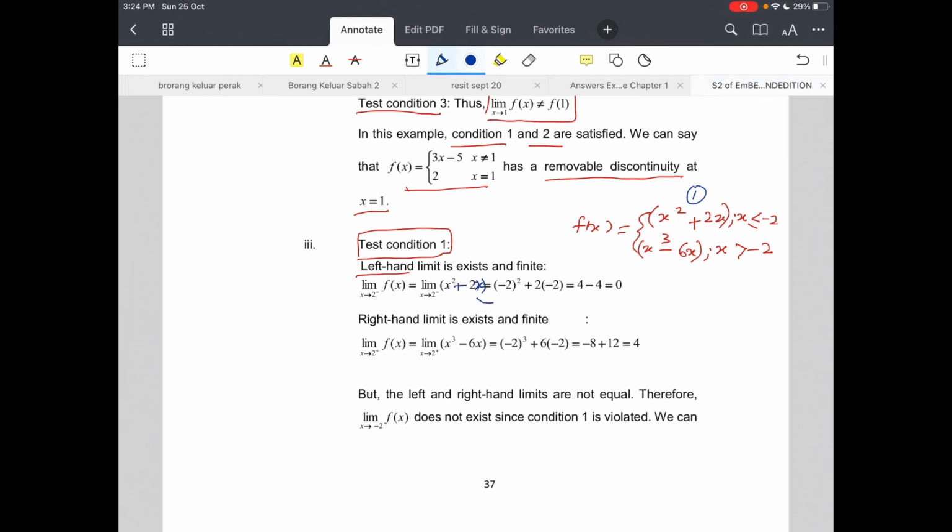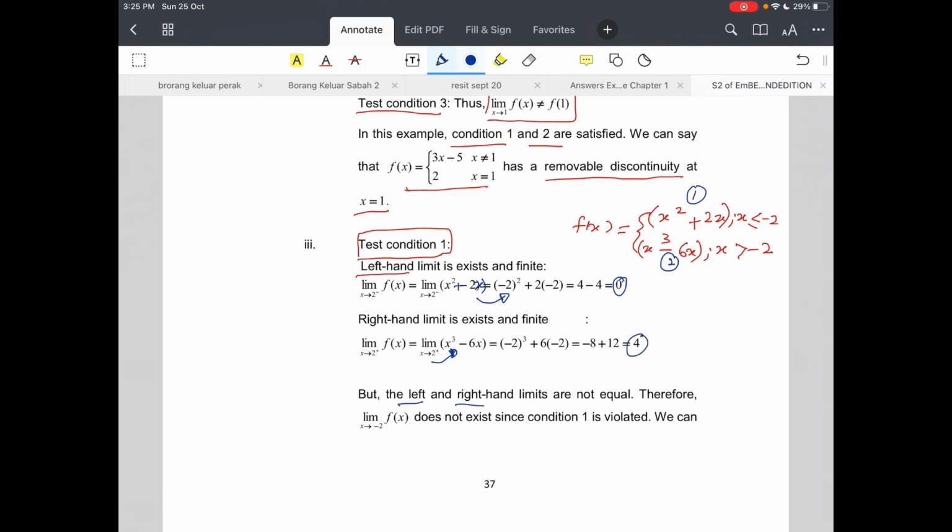So when you plug in the value of -2, you will get 0. And then when we test the right hand limit, we pick the second function here. So when you plug in -2 into the second function, it yields 4.